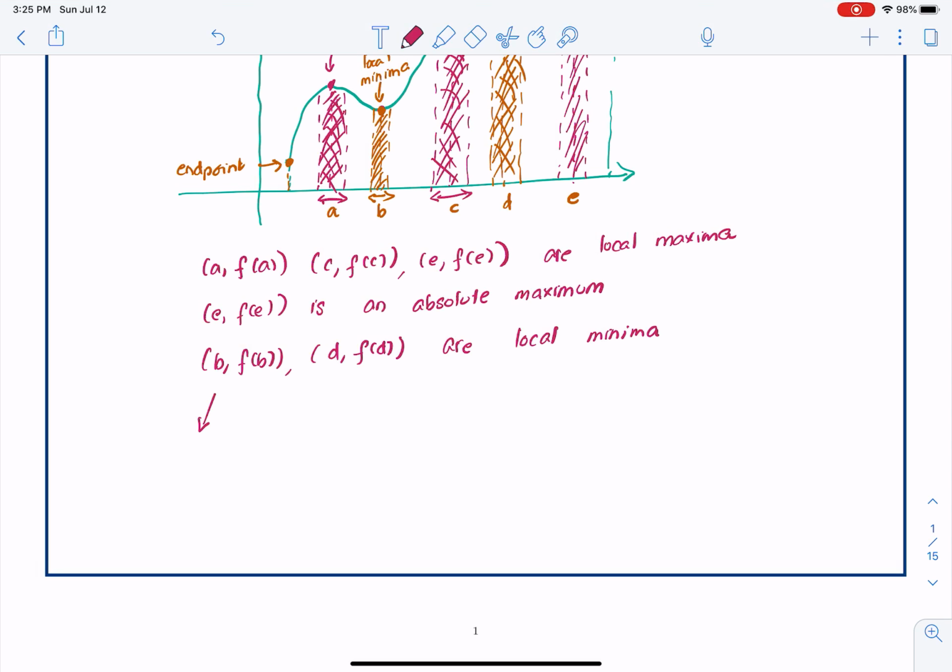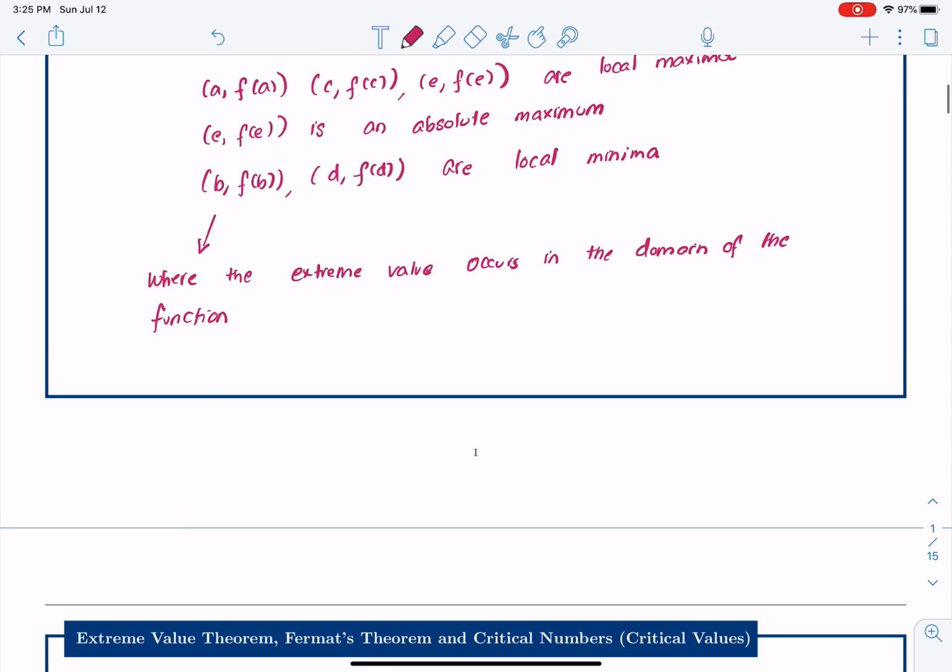And the coordinate B is where the extreme value occurs in the domain of the function, and f of b is the value of the function.